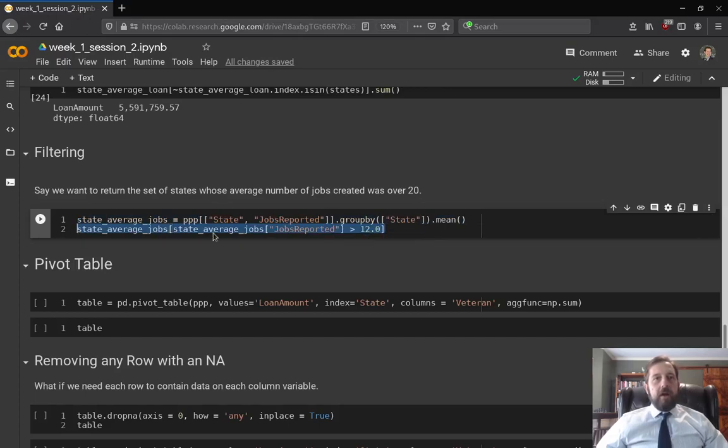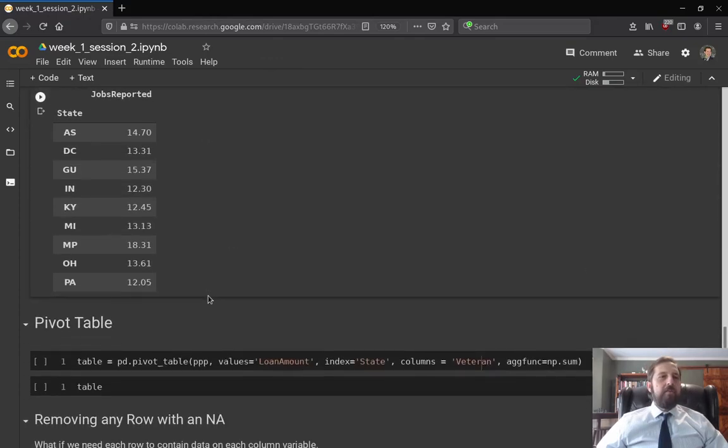Then this will create a Boolean that's true for any state where the mean jobs reported is greater than 12, and this will return the list of states. So we can go ahead and run that, and we see these states have a mean jobs reported per loan greater than 12. So Washington, D.C., I believe that's Guam, Indiana, Kentucky, Ohio, Pennsylvania, and so forth. I'm not sure, American Samoa, maybe.